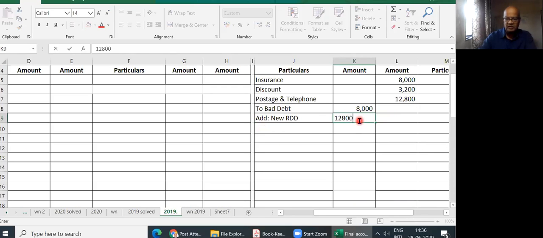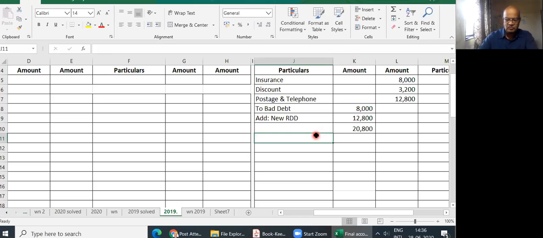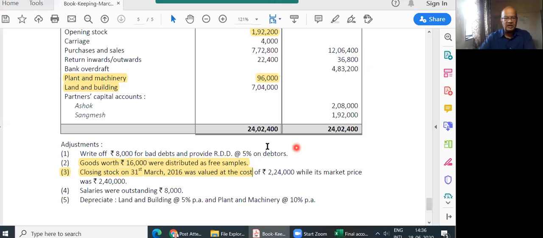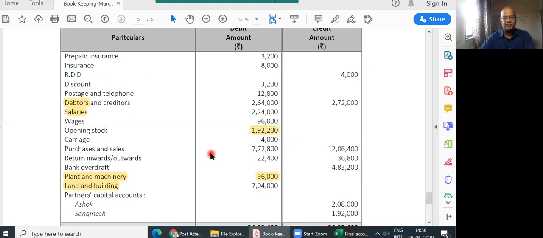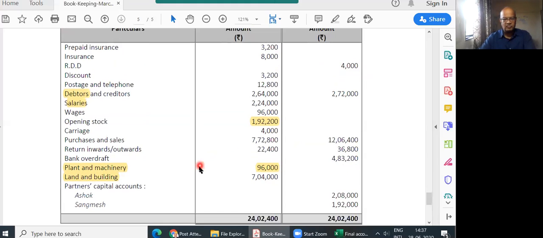We total it, it becomes 20,800. From this total we will deduct old RDD, which we find in the trial balance.